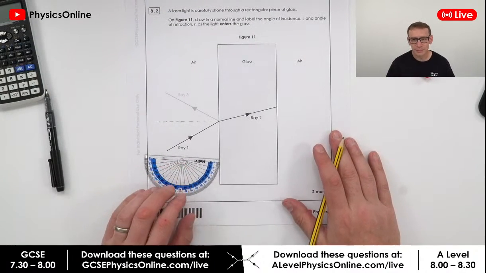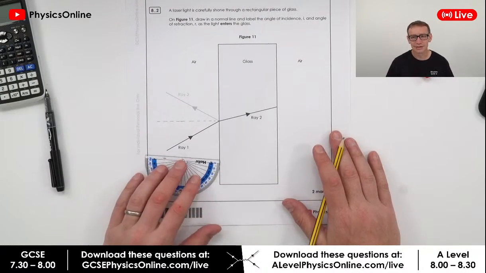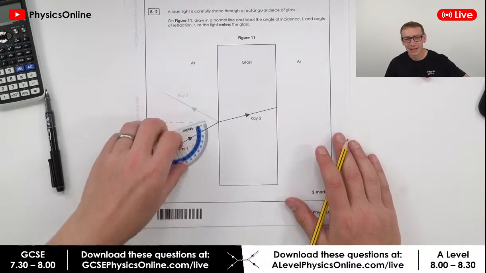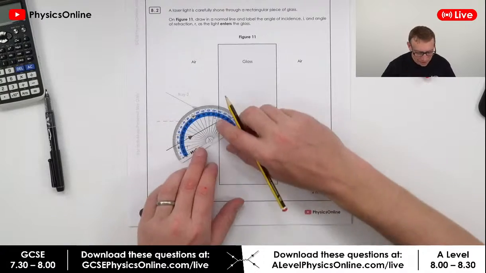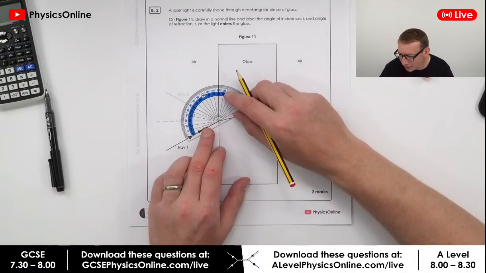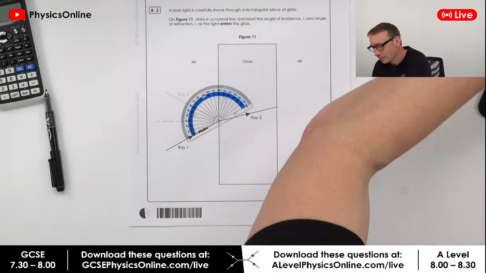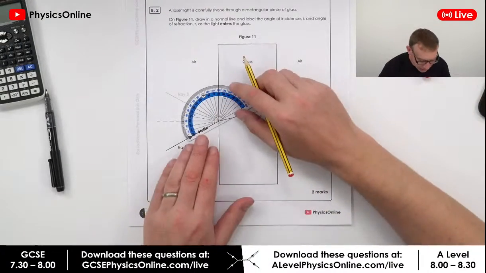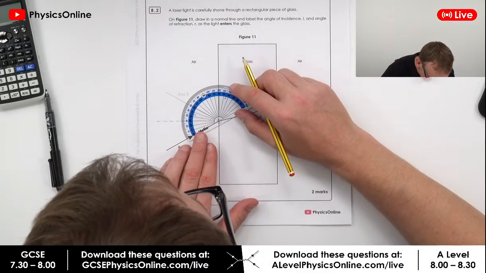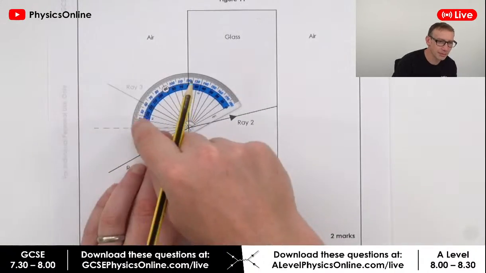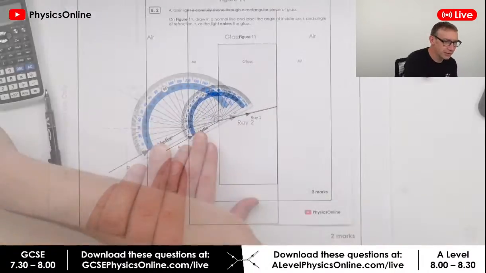Okay, if you don't have a protractor, somebody says they love tractors. Yeah, if you don't have a protractor, go and buy one. The next thing we then need to do is just measure the angle. And I reckon, as I'm doing this, looking at my protractor, I reckon down here, if I just zoom in a little bit more, that's equal to about 30 degrees.